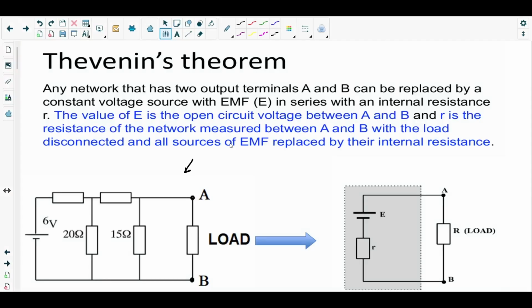But there will be even more complex circuits that you can't solve directly using Ohm's law, Kirchhoff's law, and the potential divider circuit law.